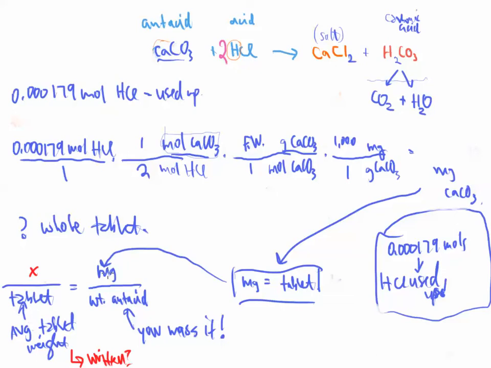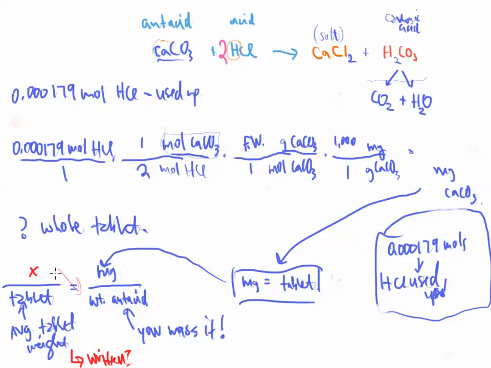I know the milligrams of calcium carbonate that I solved from this reaction, right? Maybe I didn't use the whole tablet, so I'm not going to get the whole entire milligrams that's printed on the label. I need to ratio and proportion this out. So that's the number of milligrams that I've got from this amount of antacid that I weighed out from the very beginning.